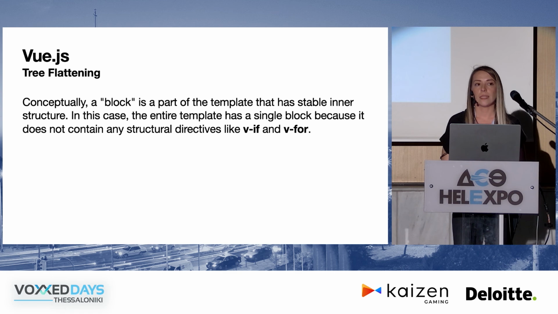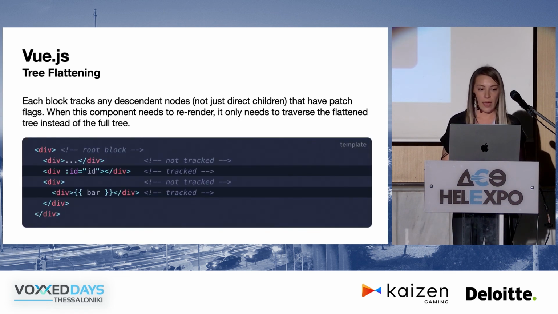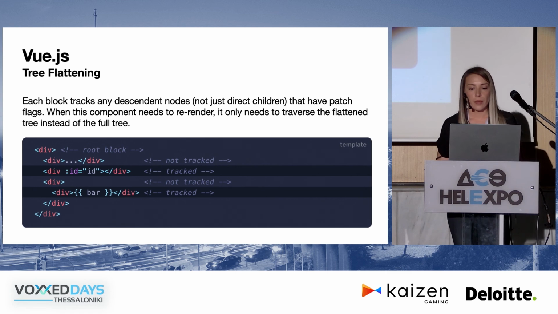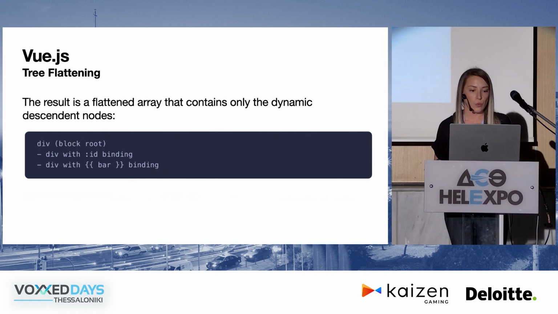So there are no directives, such as v-if, which Vue is known for, and v-for. For those kinds of elements, it can know what elements need to be tracked and what not, so that it can traverse a flattened tree of that representation of the UI structure, and only do the dynamic changes on those elements that need it, avoiding the extra effort for unchanging elements.